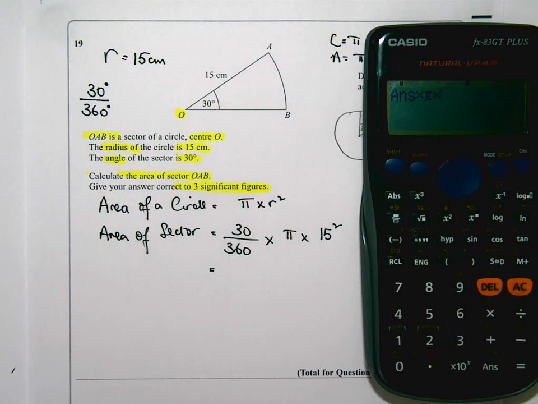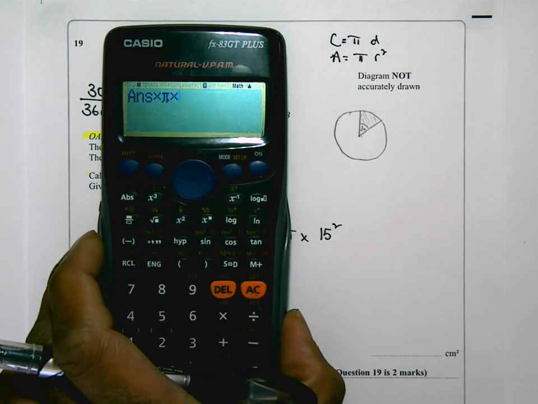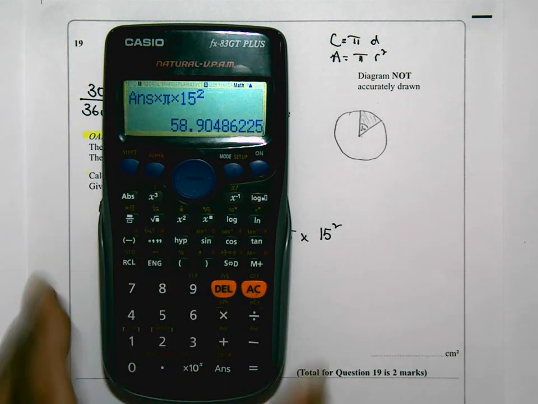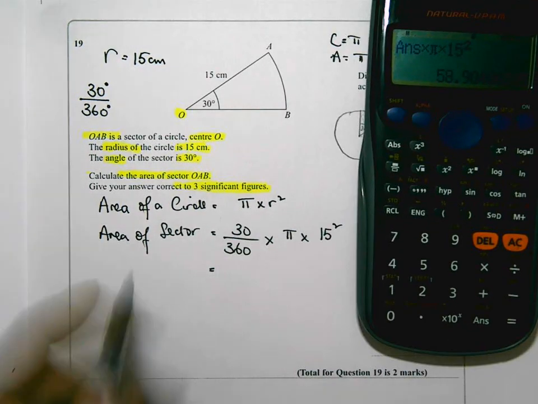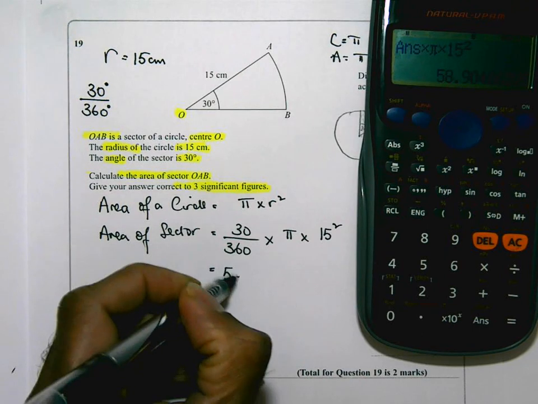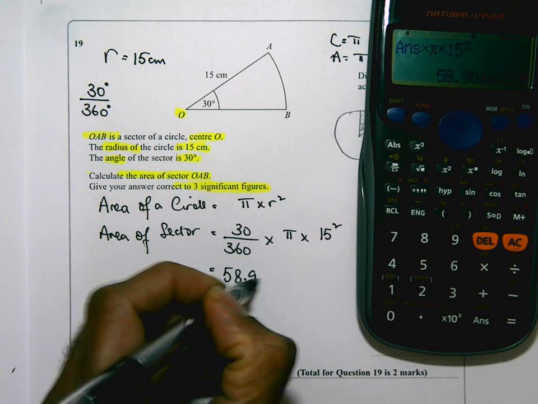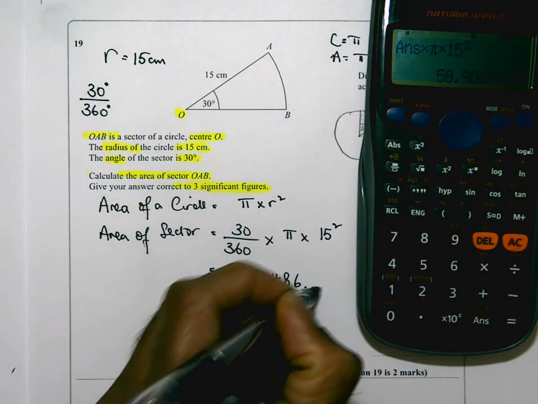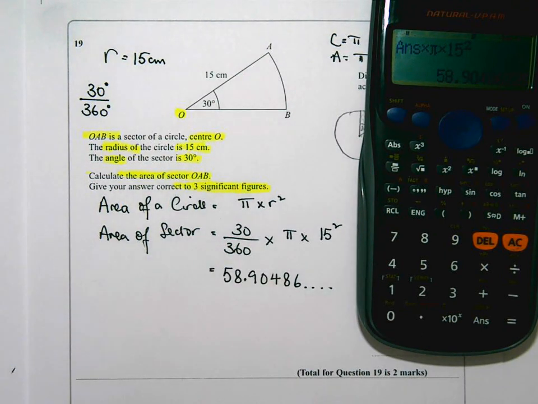So let's just show that here. 15 squared equals, and I've got a screen full of numbers here which I will write down, 58.90486, and so on.